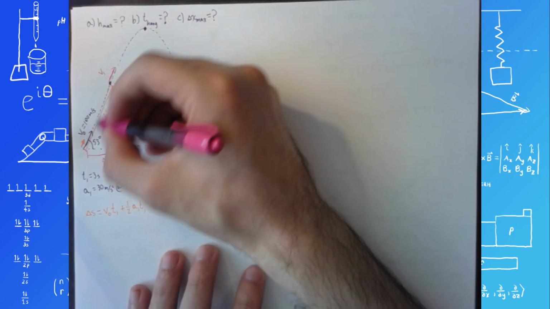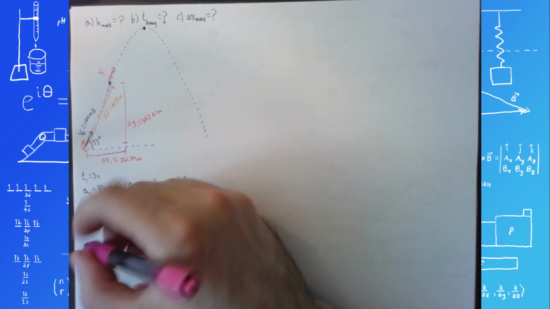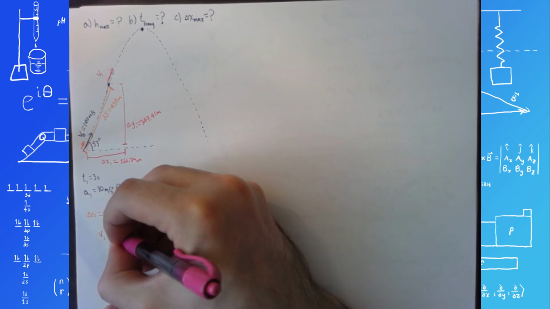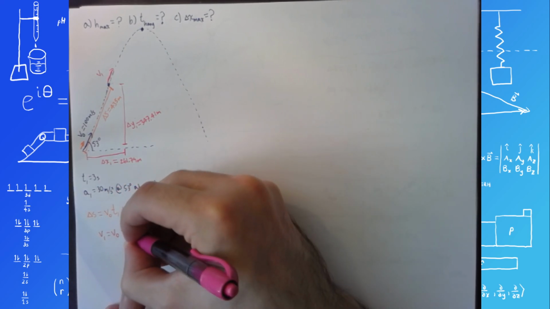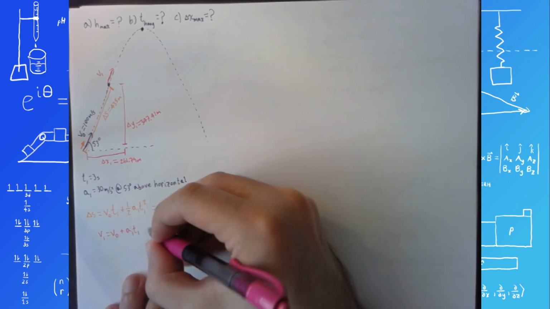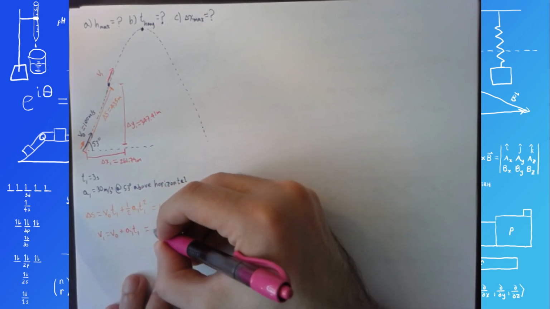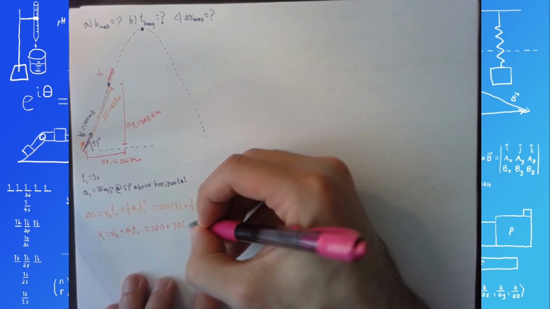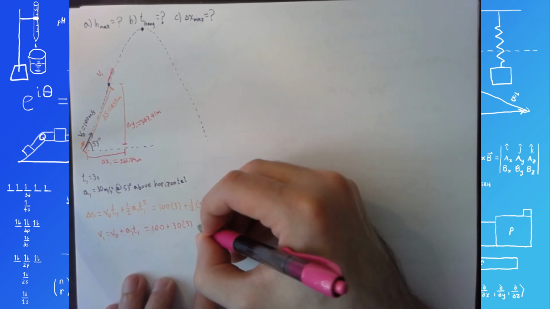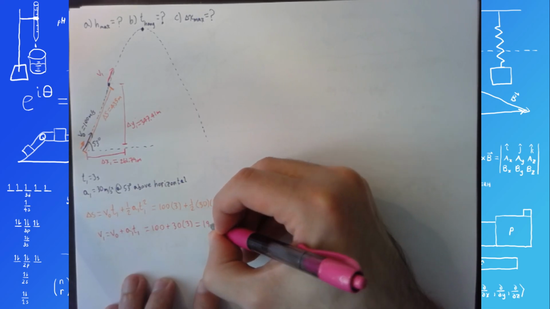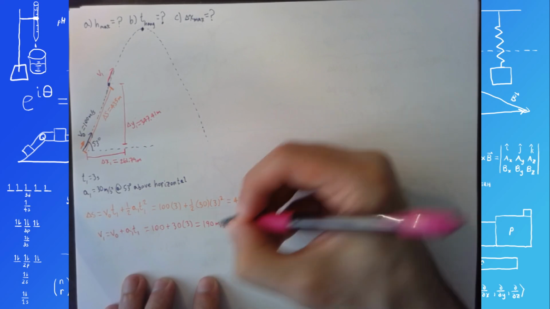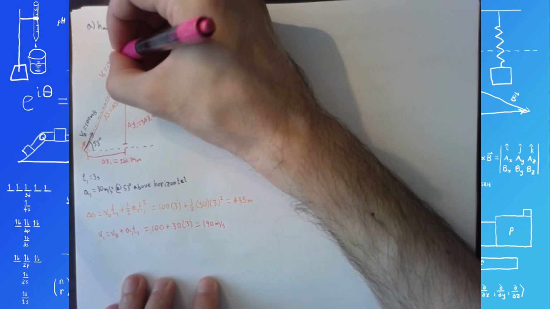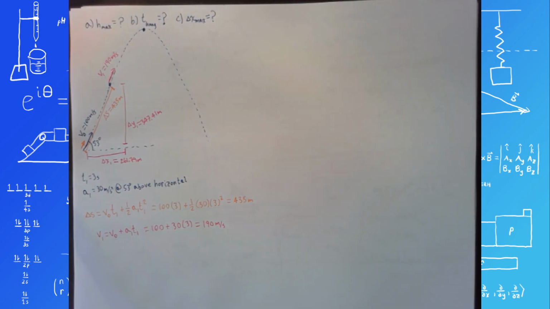Remember, we're just moving in a straight line for this first phase. So v1 is equal to v0 plus a1 t1, which equals v0 is 100 plus a1 is 30 times t1 is 3. That gives me 190 meters per second. So v1 equals 190 meters per second.